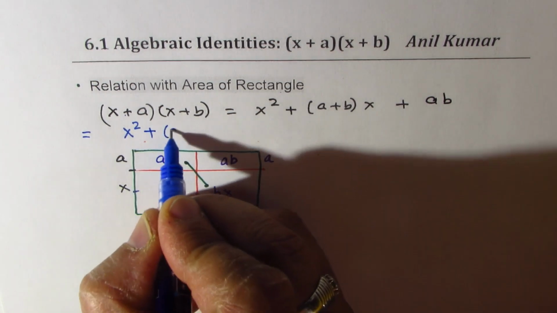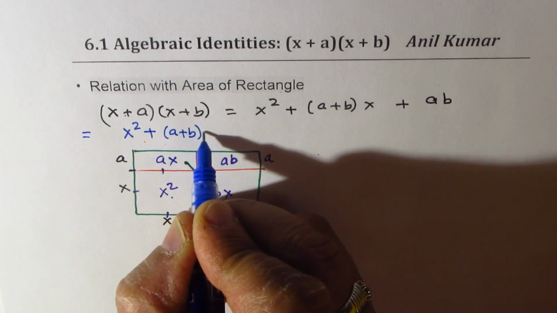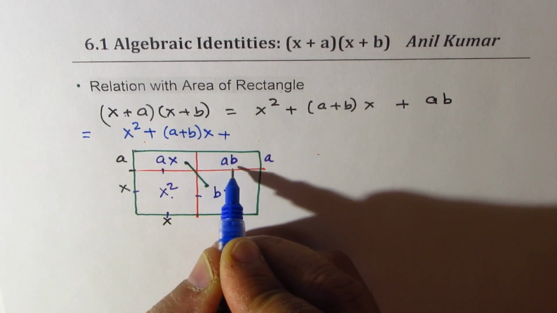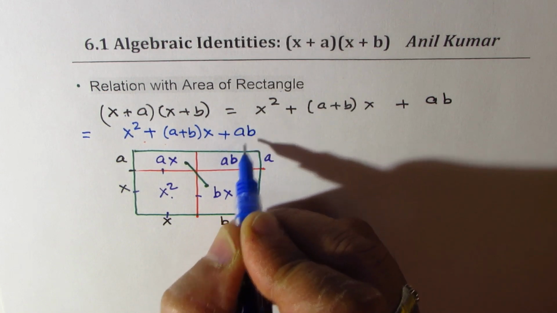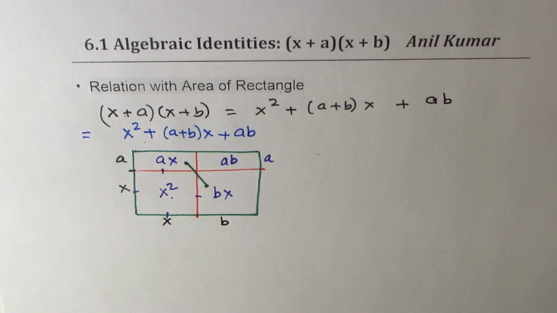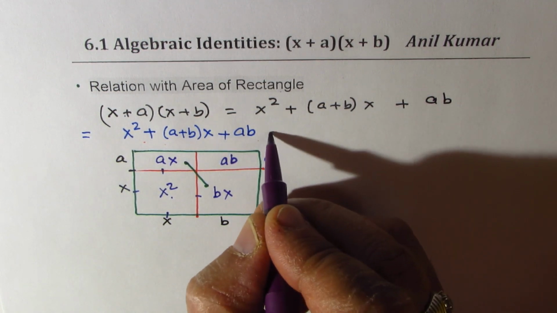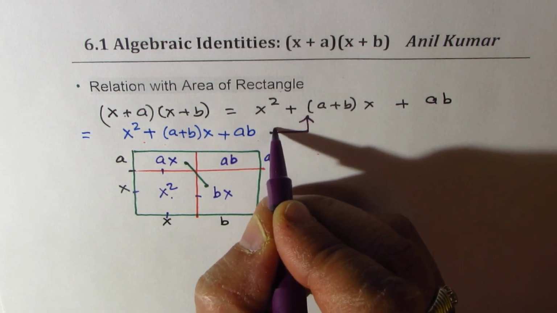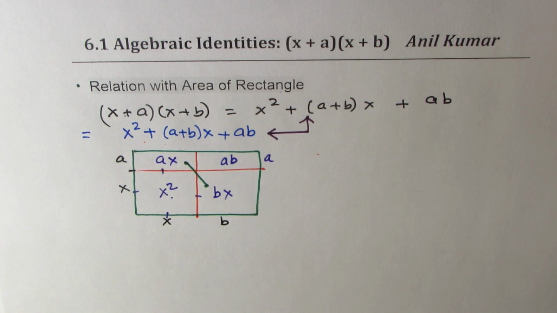So, (a + b) times x plus the third term, which is their product, a and b. Don't you see these are equal? So from a rectangle, we can easily get to understand this concept, correct?